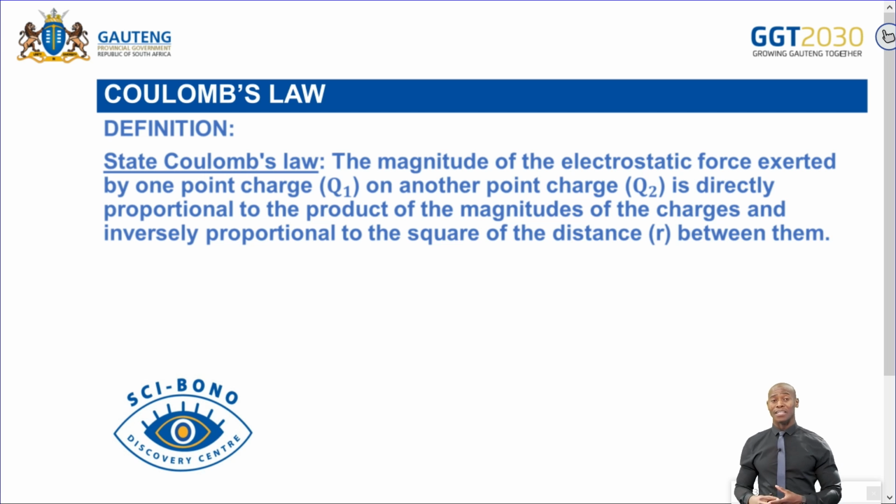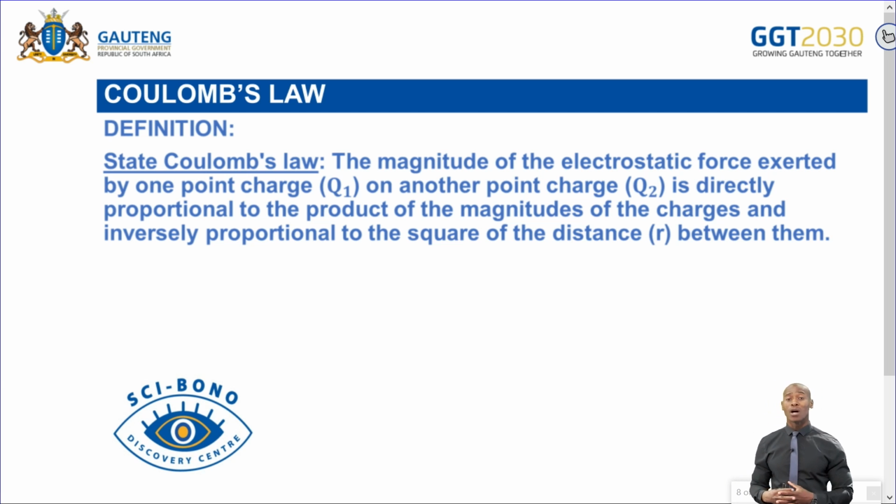For example, calculating the net charge, calculating the charge on each sphere after contact, calculating the number of electrons that are transferred from one sphere to another, which sphere is electron deficient or has a shortage of electrons, which sphere has an excess of electrons. Can we calculate the number of electrons in each sphere? Those are the things that we are going to include while we are busy with Coulomb's law.